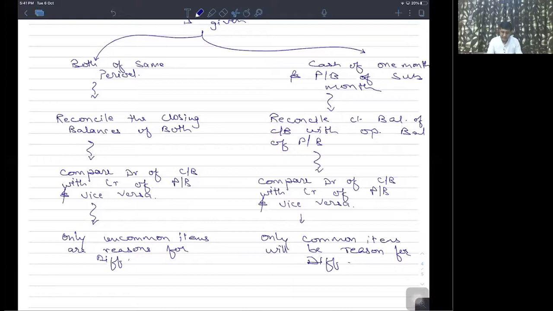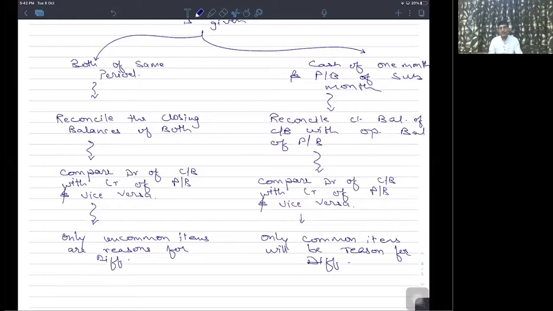Shreya, in the last part I said what? When you are doing the reconciliation, when you have done the comparison, only uncommon items will come. Why uncommon items? Because जो item दोनों cash book और passbook में reflect हो गए, how can that be the reason for difference? So the reason for difference is only uncommon items.